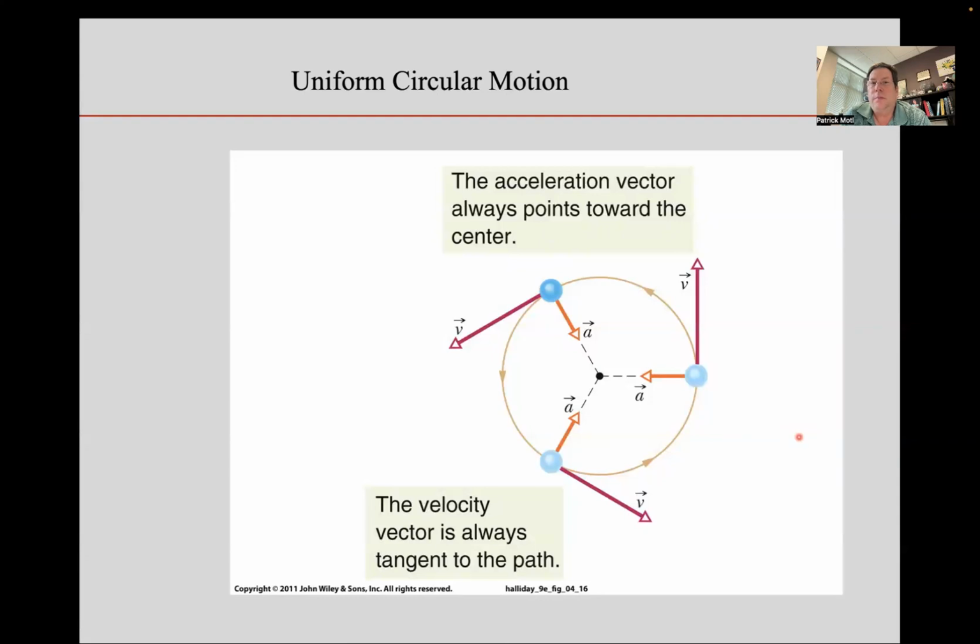As we're exploring motion in 2 and 3 dimensions in this chapter, another special case we want to consider is the case of uniform circular motion, meaning that we have an object like a ball on a string or the moon orbiting the earth. We have an object that is moving in a circle.